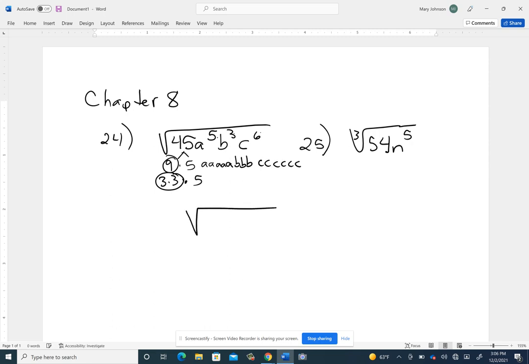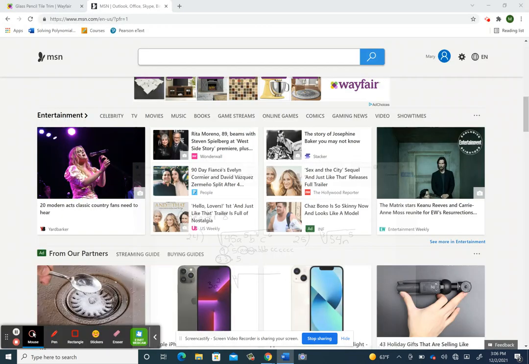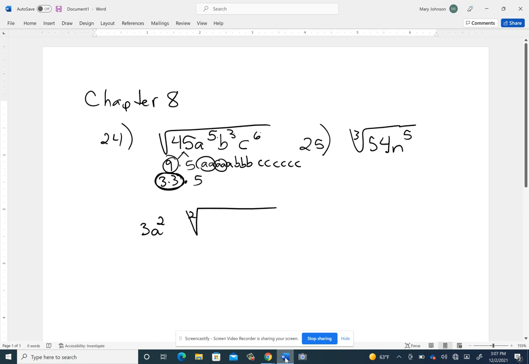So when we're trying to do the square roots, index of 2, we're looking for pairs. So here's a pair. Square root of 9 is 3. Then here I have 2 pairs of A's, so we'll have an A to the second out here. And then there's 1 A that's not paired up.